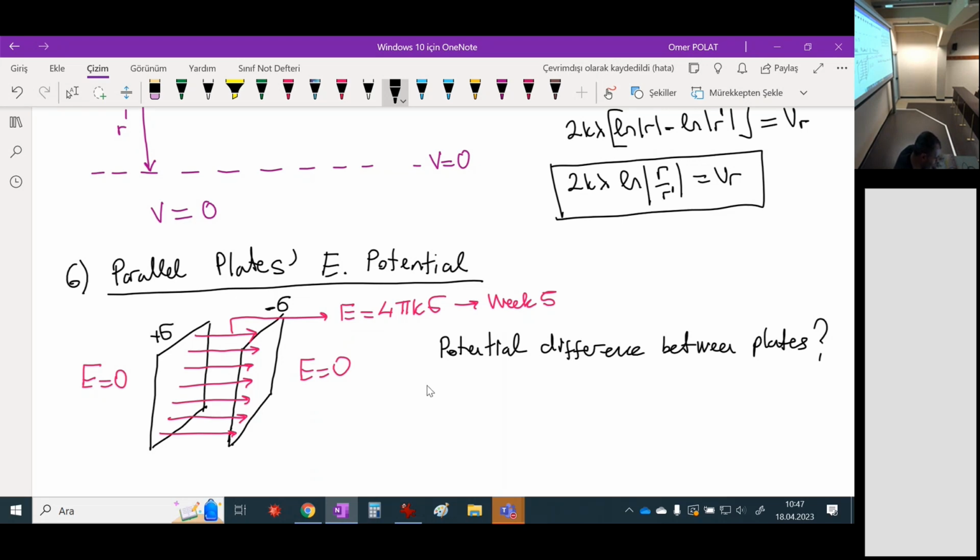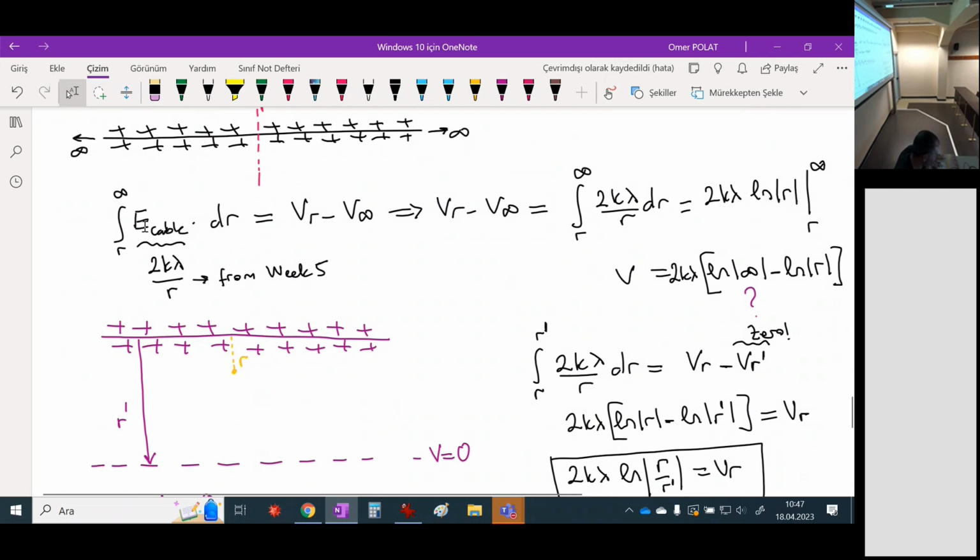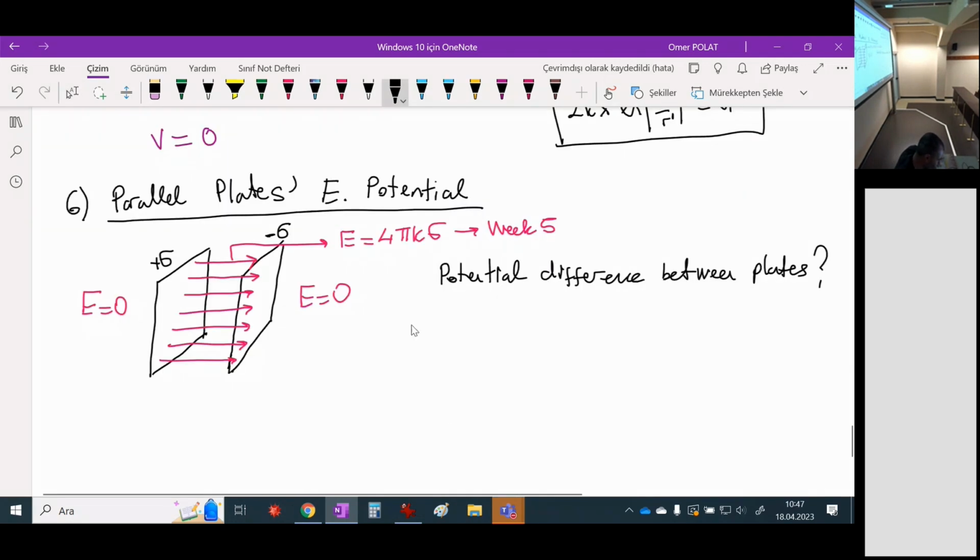Again, I'm writing this relationship. Integral of the electric field of the plates times dr equals V plus minus V minus.